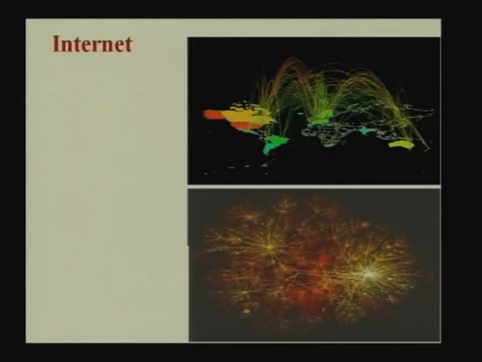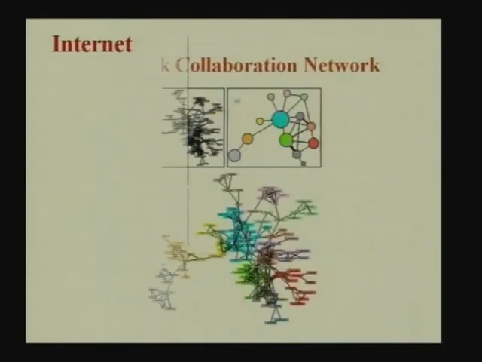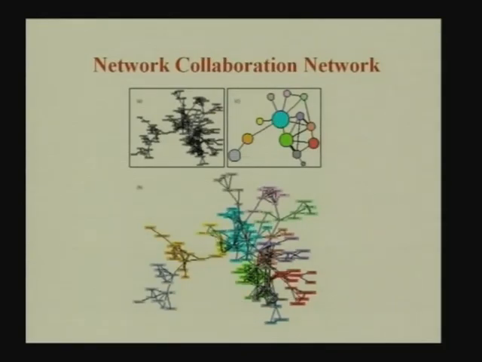This is the internet, the routers, how the routers behave, and for a strong router you have a bigger flash, and for a weak router you have a smaller flash. This is the collaboration network of scientists who do network research.